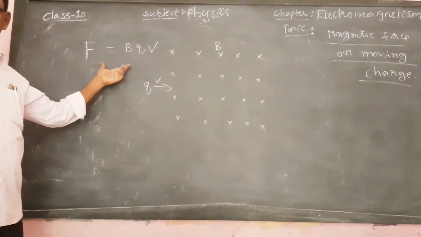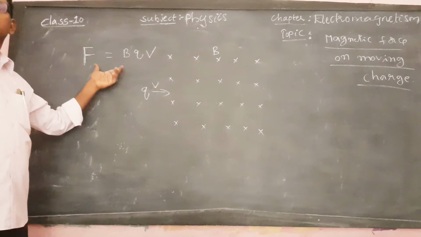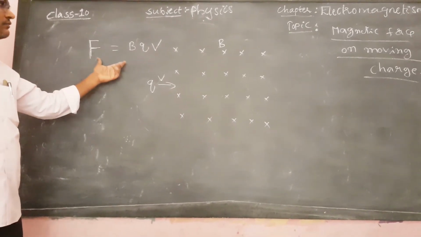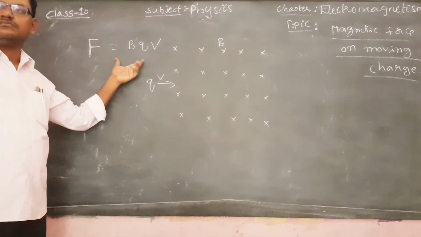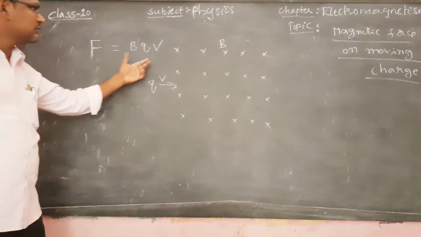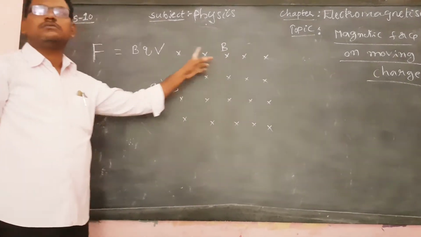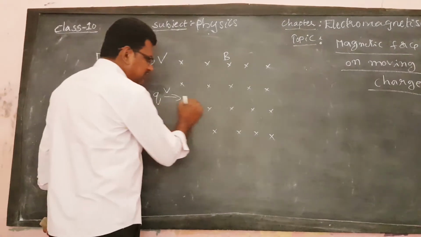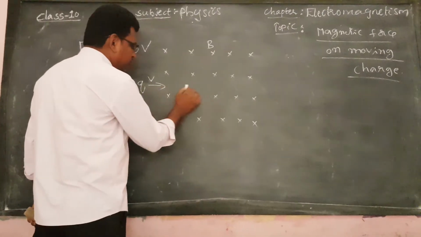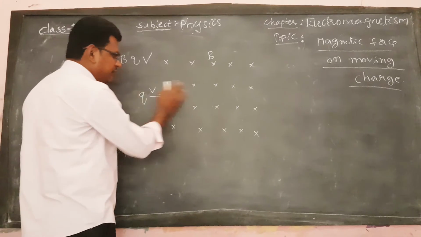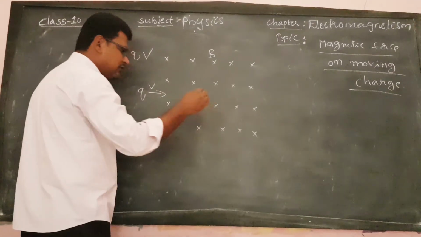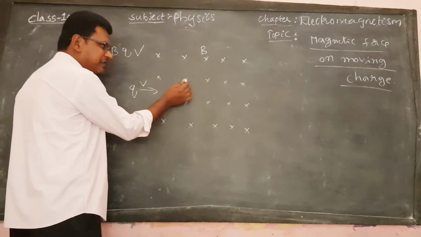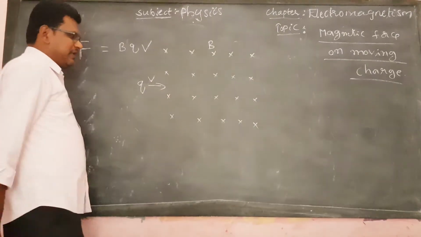This is the magnetic force acting on a charged particle by the perpendicular magnetic field. Here the charged particle moves from left to right horizontally, where the direction of the magnetic field is into the plane.